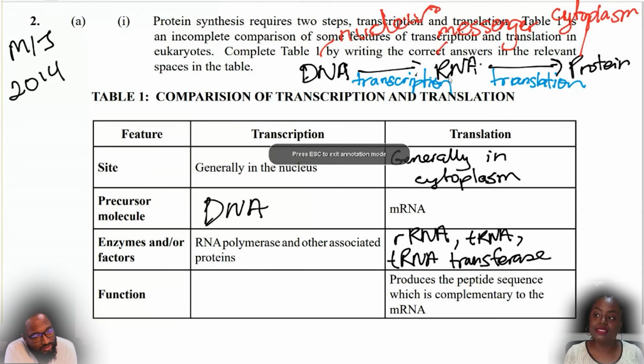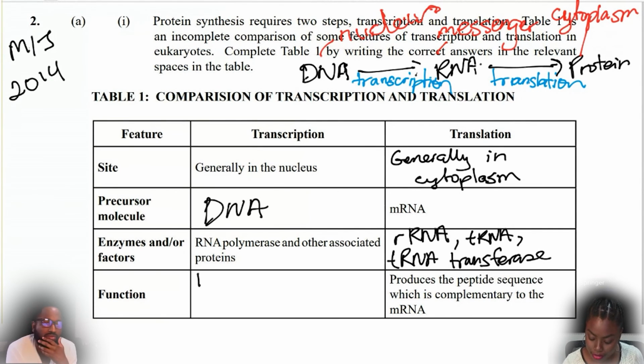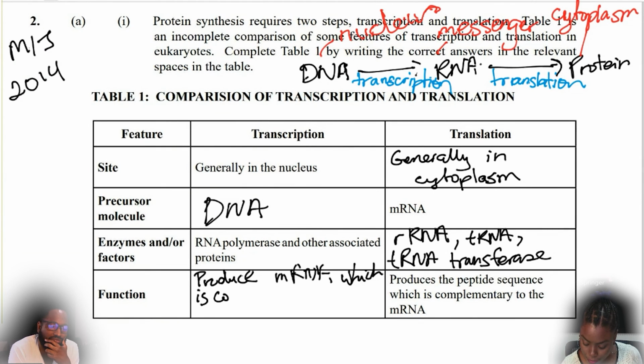The mRNA is able to leave the nucleus, go to the ribosomes, and then you want your ribosomes to make a protein or a peptide sequence that is complementary to the mRNA. Got it. And that's how we get the protein that we need, right? So lastly, to complete the table, we would say that the function of transcription is to produce mRNA, which is complementary to our precursor molecule there, which would be DNA.